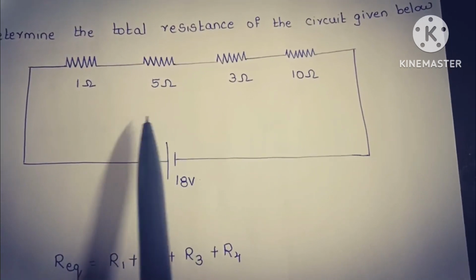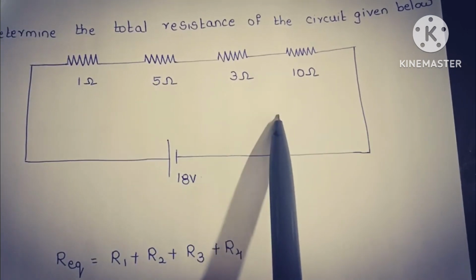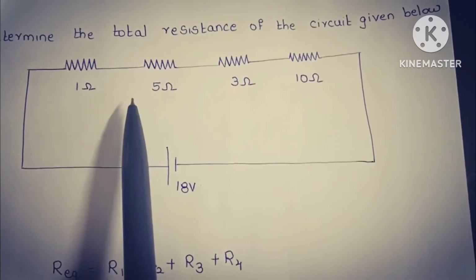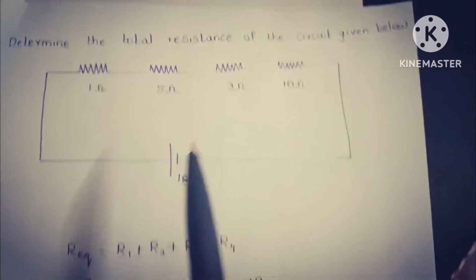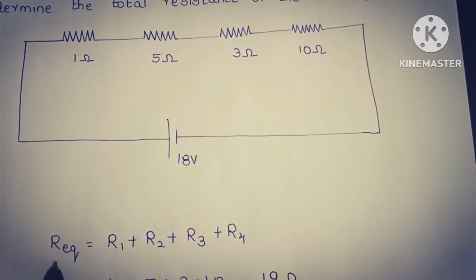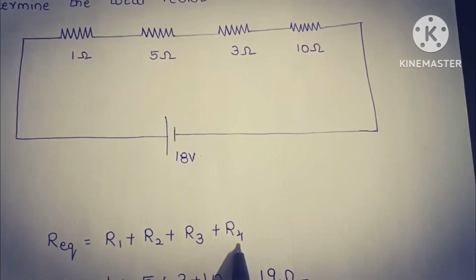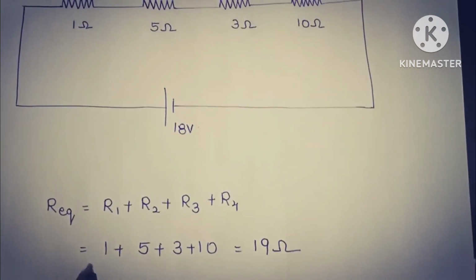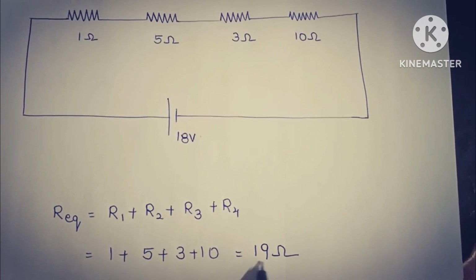The total resistance when the resistors are connected in series is equal to the sum of resistors connected in the circuit. Therefore, as we have four resistors, I am going to write R equivalent as R1 plus R2 plus R3 plus R4. Therefore, that is equal to 1 plus 5 plus 3 plus 10, which is equal to 90.